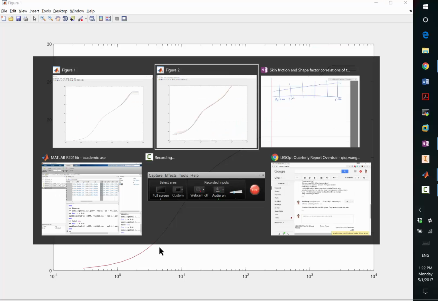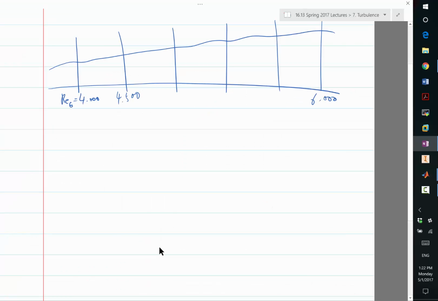Okay. So what we are doing is we are assuming the boundary layer is like this. We are assuming the boundary layer profile of U plus as a function of Y plus works like this.